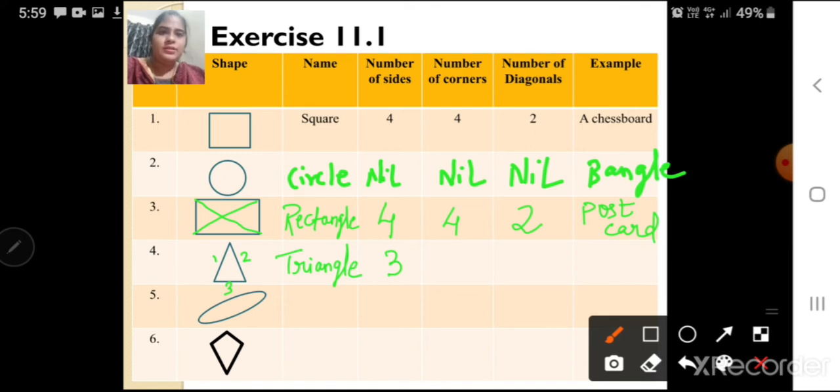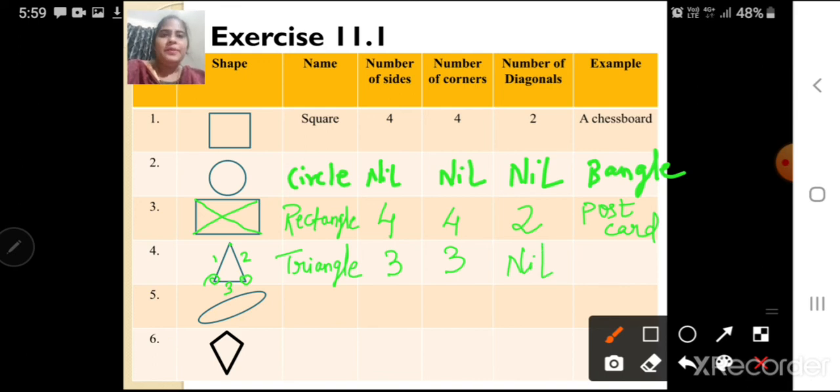Number of corners, children, you can see this is one corner, one more corner here and one more corner here. So there are again 3 corners, correct? And then number of diagonals. Here you can see there are no opposite corners which can join. So there are no diagonals in a triangle, so we will write here nil.